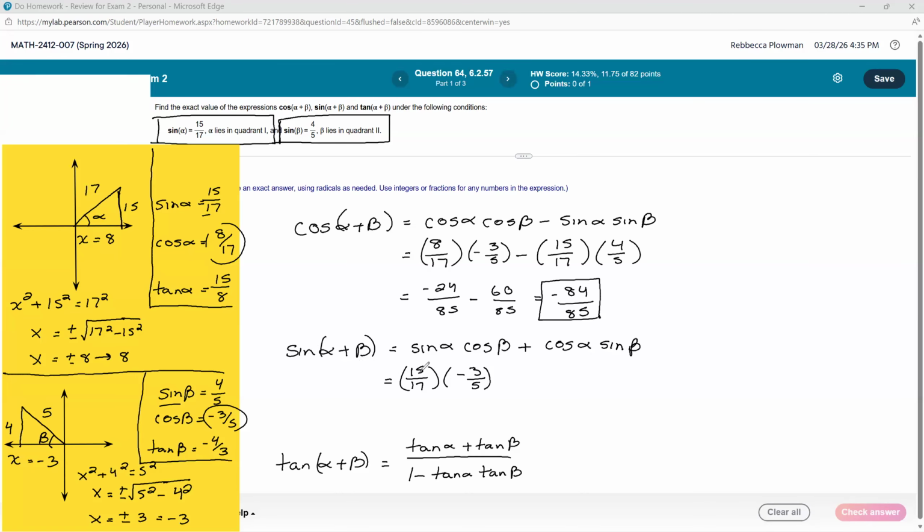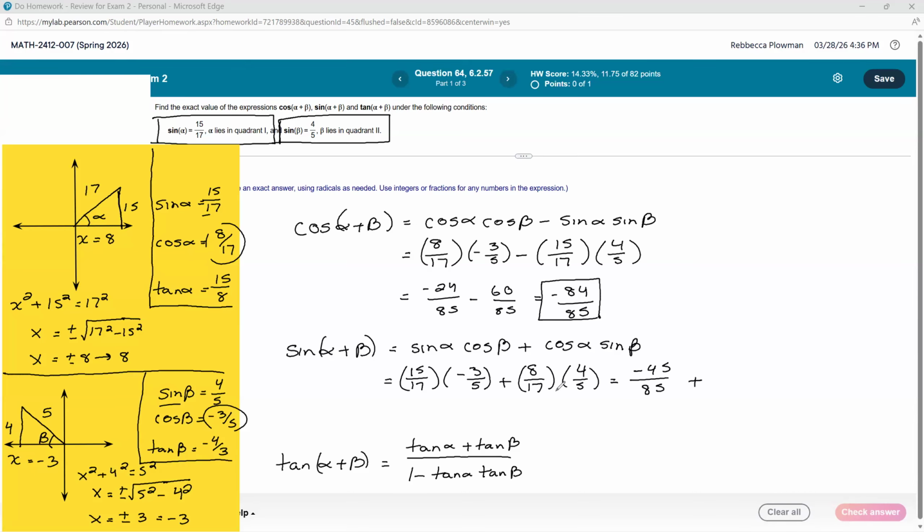So back to sine. Sine alpha is 15 over 17. Cosine beta is negative 3 over 5. Cosine of alpha is 8 over 17. Sine of beta is 4 over 5. So we got 15 times negative 3, so that's negative 45 over 17 times 5, which is going to be 85.